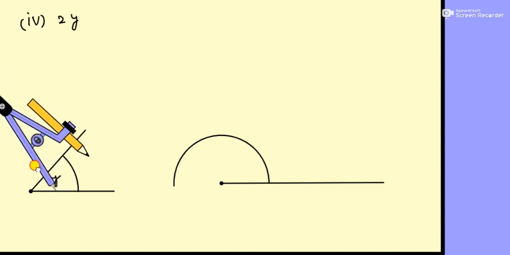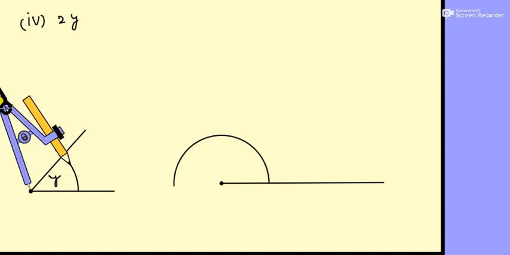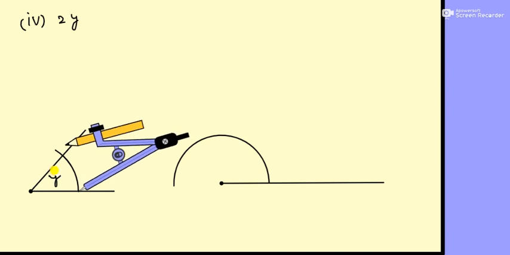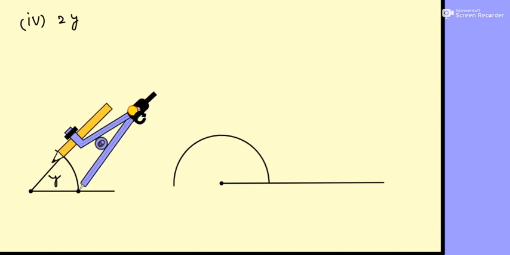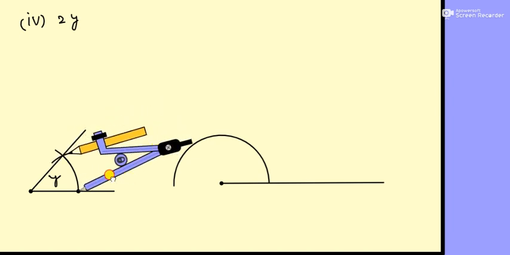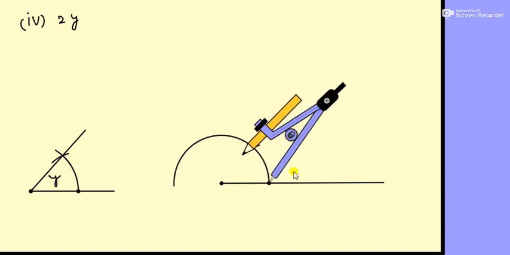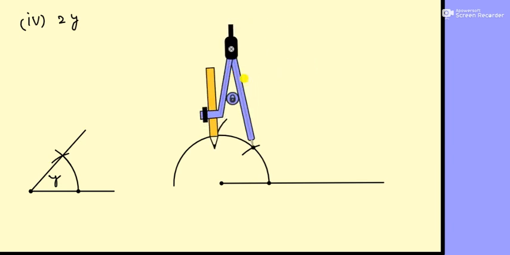Yes. Now take this distance on this, and now measure the distance like this, and make an arc like this. Here it is 2 times. This one is 1 time, and second, once again keep it there, and the second time. So that one is the 2y angle.